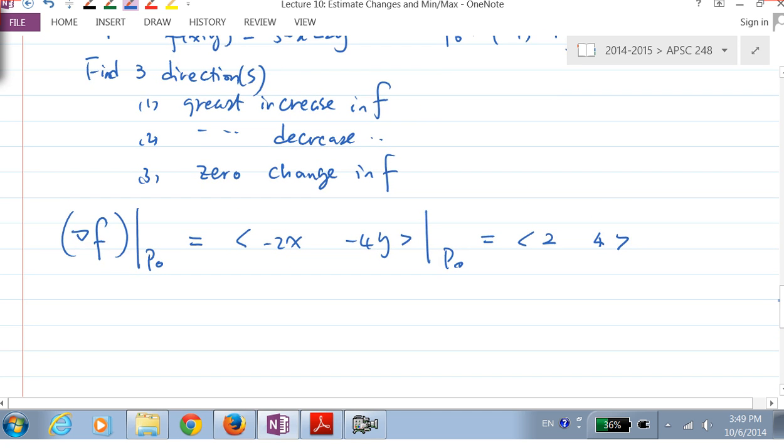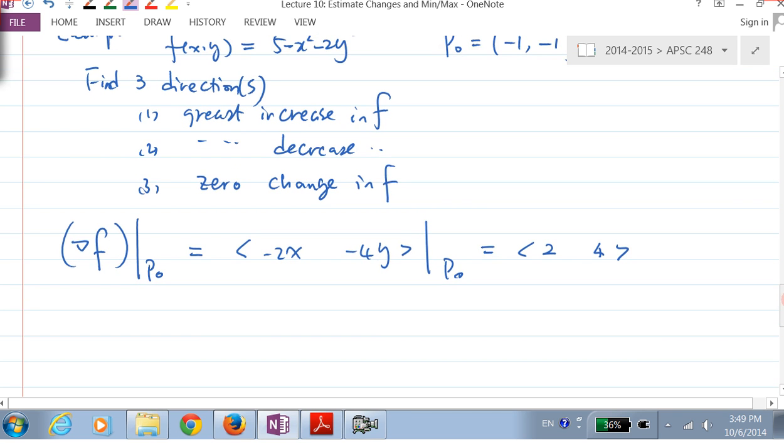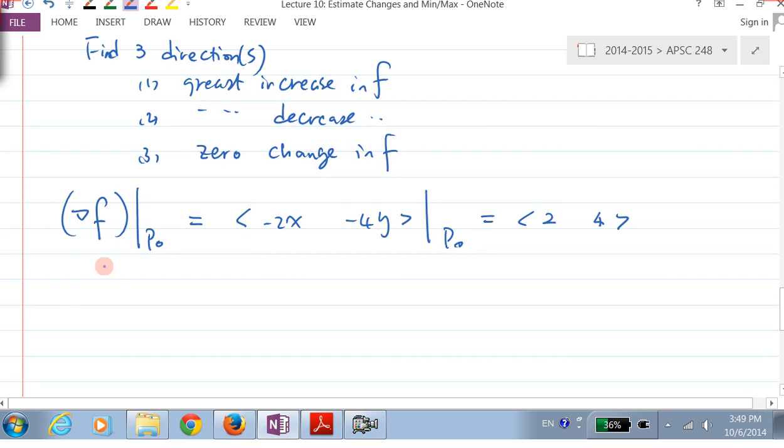Then back to questions number 1, 2, 3. We want the direction. For number 1, we want the direction that results in the greatest increase in f. As we just learned, that direction has to be in the same direction as del f. So the u hat is the same direction as del f at P naught.